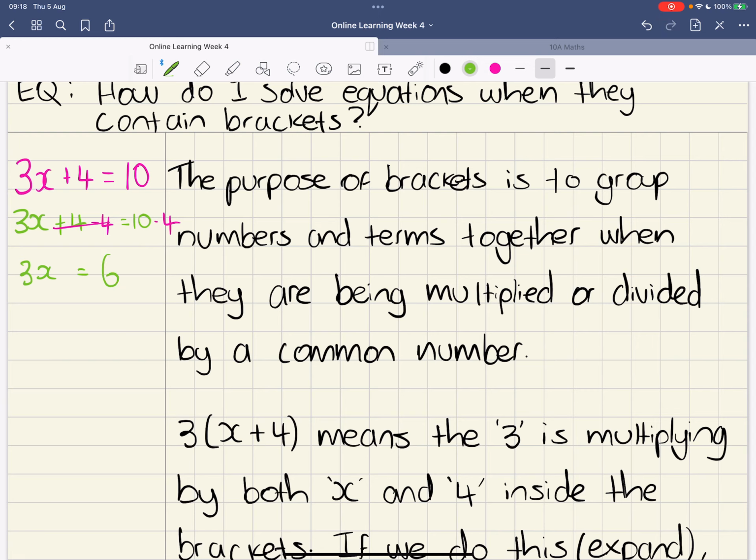So now 3x equals 6. We just need to remove the 3, and it's being multiplied by that x. So we'll divide by 3 to get rid of it, and we do the same thing to both sides. The 3's cancel out because timesing by 3 and then dividing by 3 has no effect on that number. So we're left with x equals 6 divided by 3, which is 2. So that's a review from last lesson.